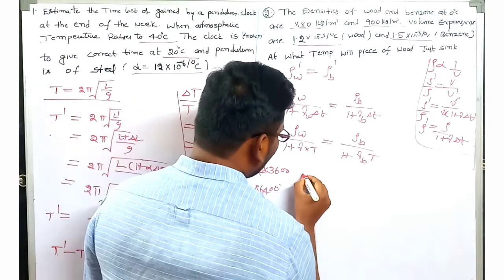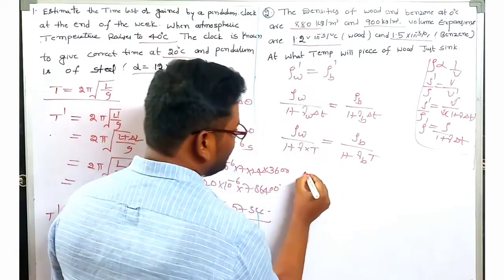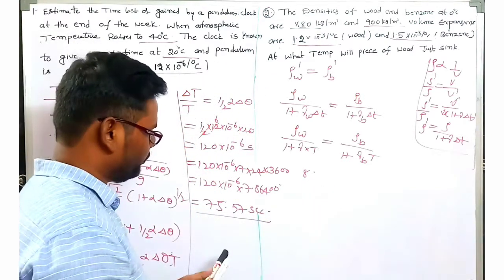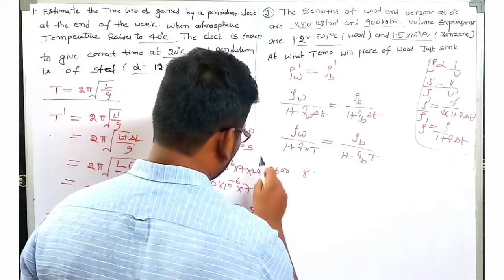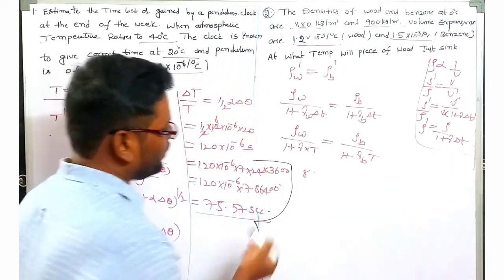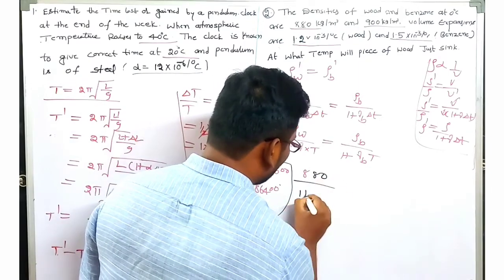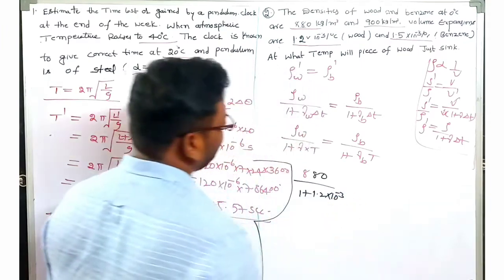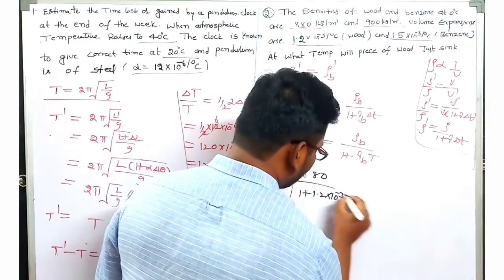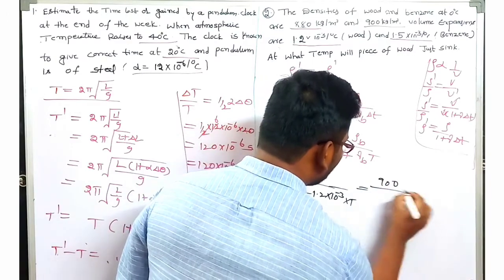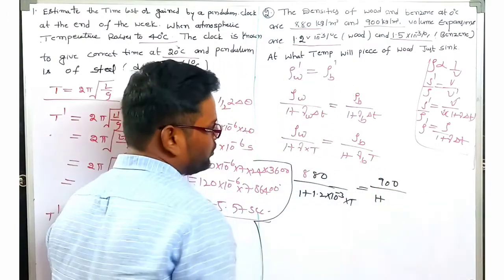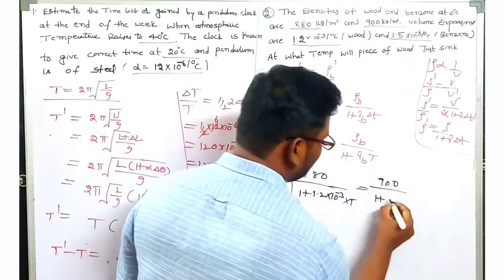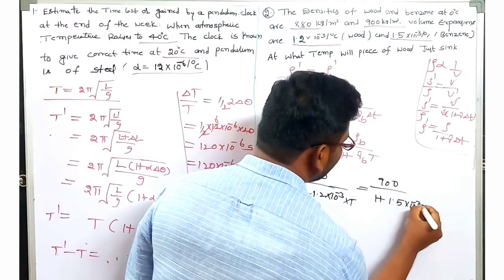So rho W means that is 880, don't confuse with this. So 880 by (1 plus 1.2 into 10 to the power of minus 3 into T) is equal to 900 by (1 plus the coefficient of volume expansion of the benzene, 1.5 into 10 to the power of minus 3 into T).